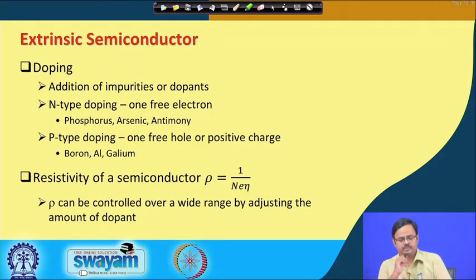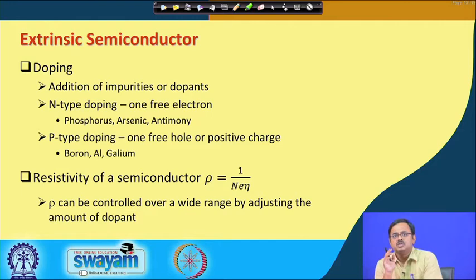Okay. Now, the resistivity of a semiconductor, especially when we talk about doping, that rho, the resistivity, is given by this expression 1 over n e eta. Now, what is n? N is the number of charge carriers present per unit volume.